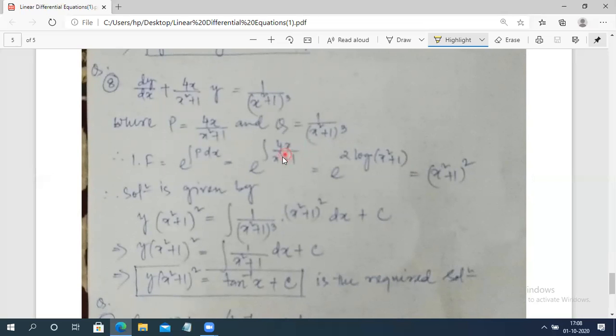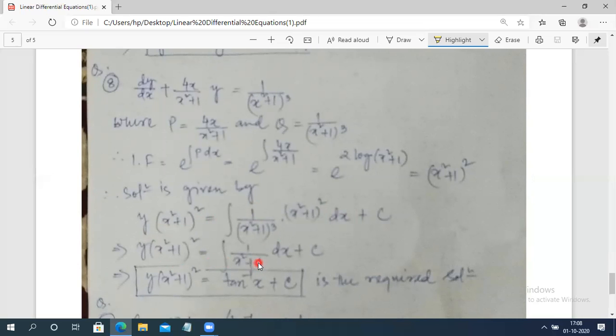It will be integral of 4x upon x square plus 1 dx, which if you integrate, we get 2 log of x square plus 1. This you can take in power. So e raised to log of x square plus 1 whole square is only x square plus 1 whole square. So the solution is y into integrating factor is equal to integral of q into integrating factor dx plus c.